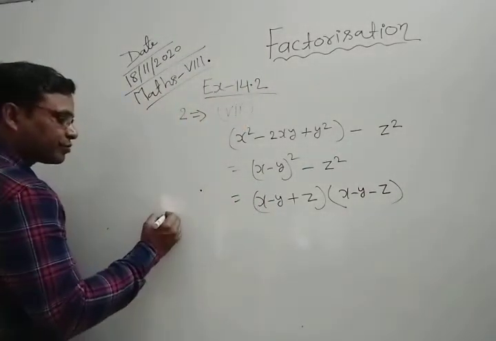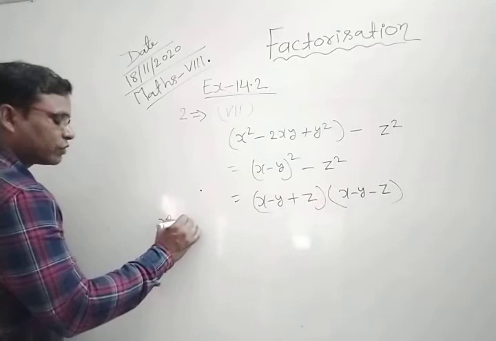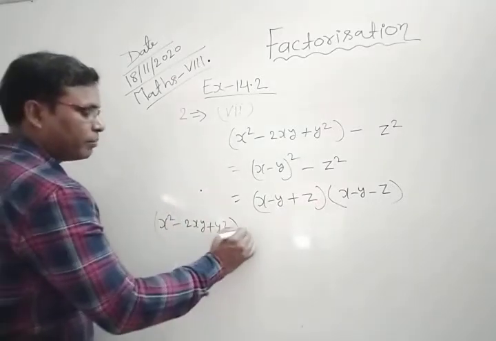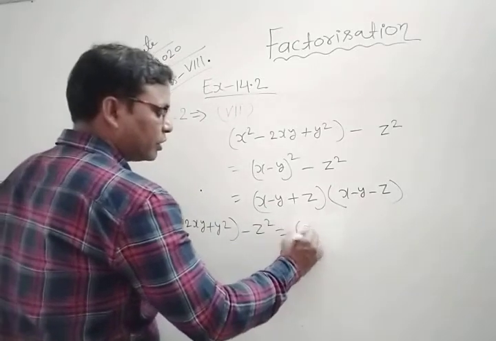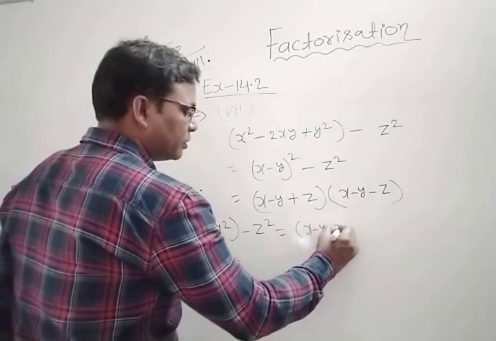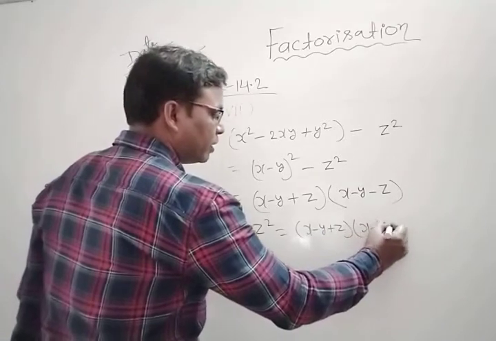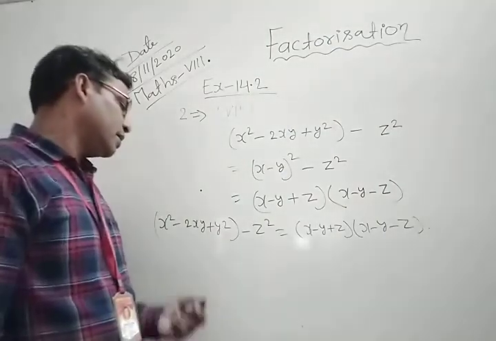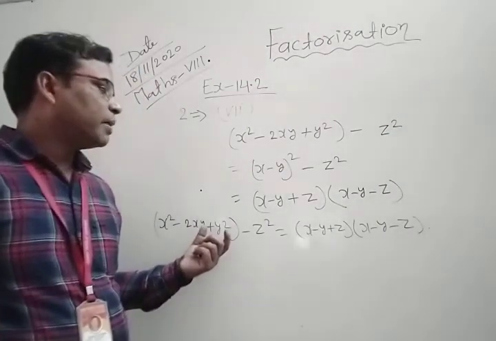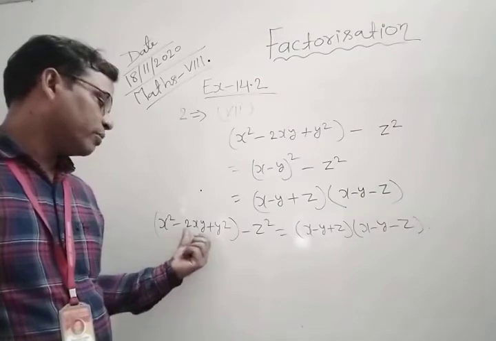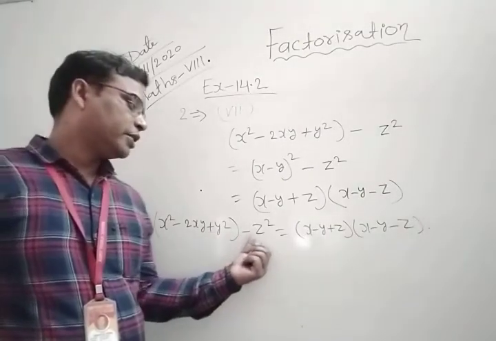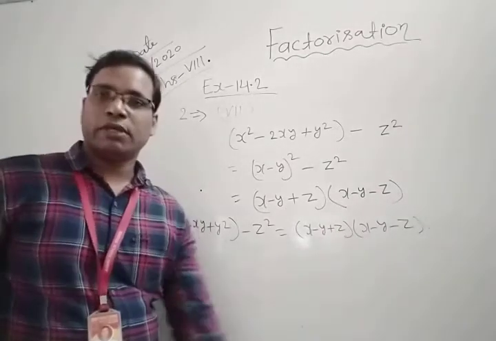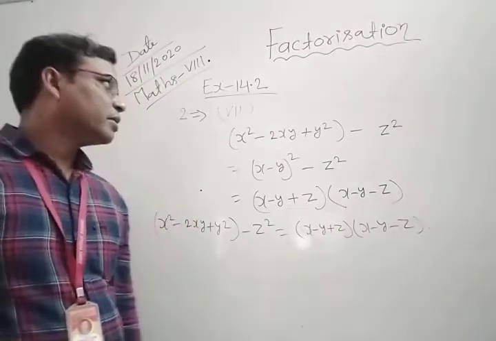In this way we find the factors of x square minus 2xy plus y square minus z square, which is equal to (x minus y plus z) into (x minus y minus z). So we find the factors of the 7th part of question number 2. This is the factor of the 7th part.